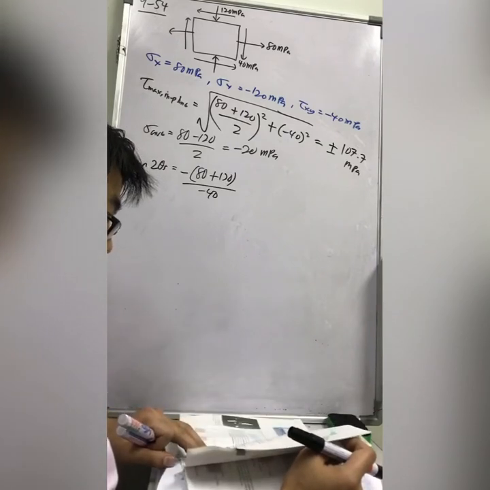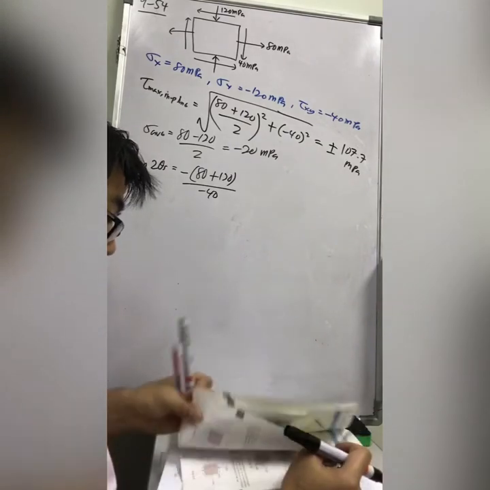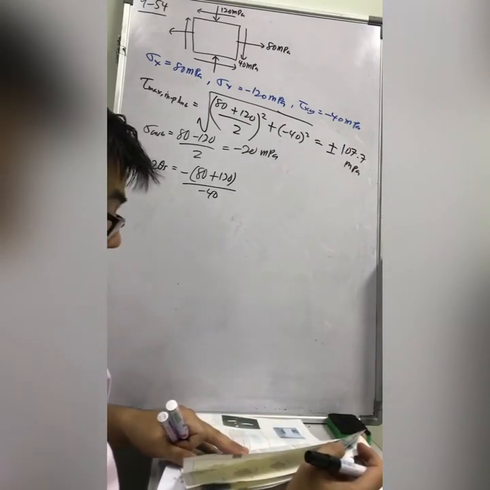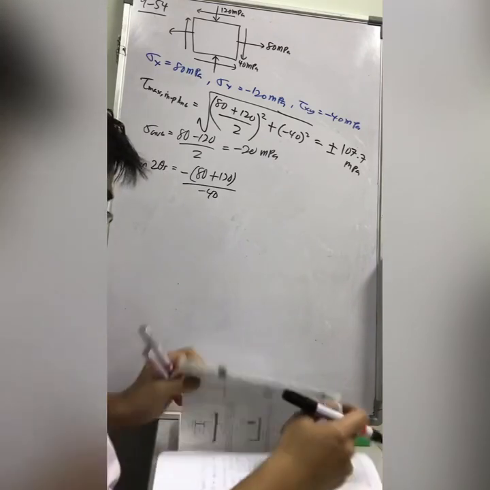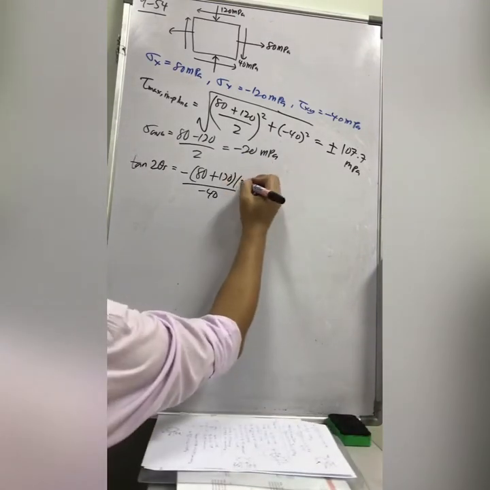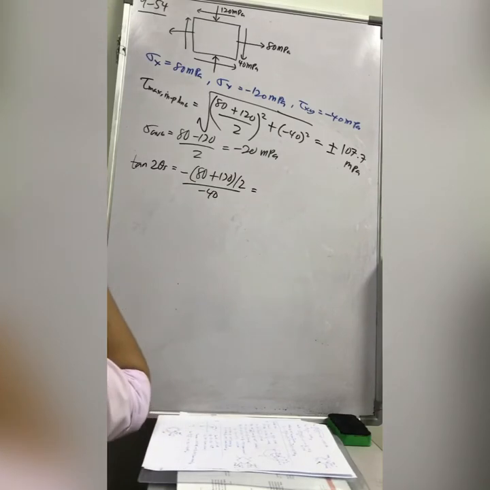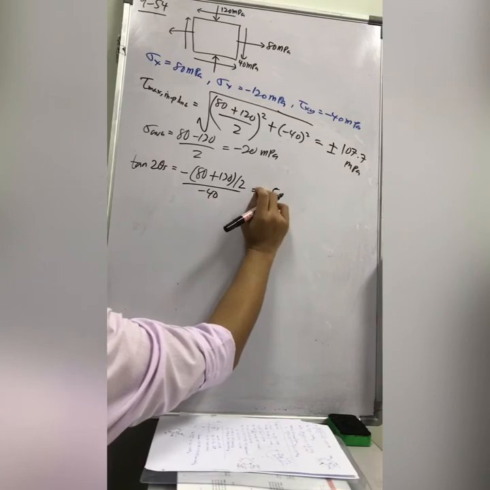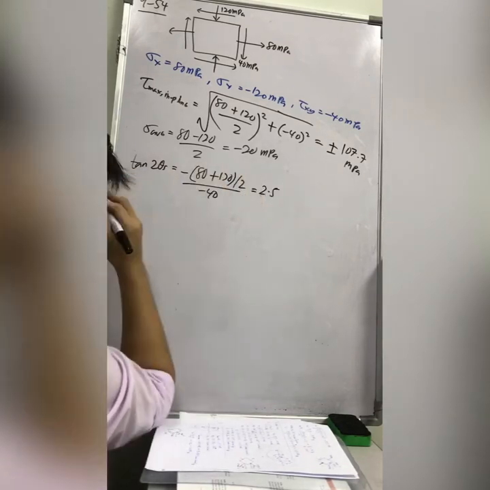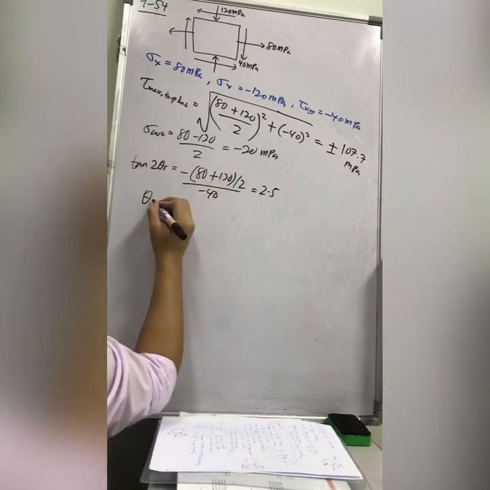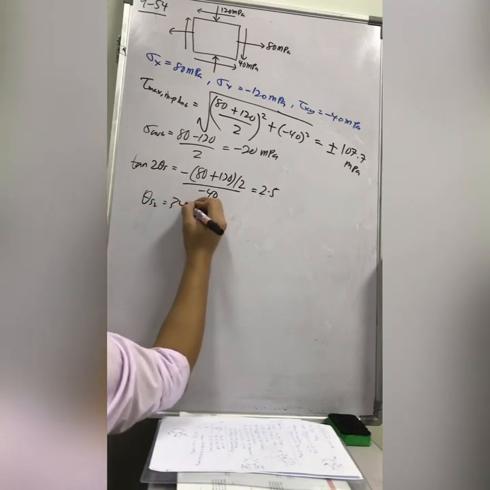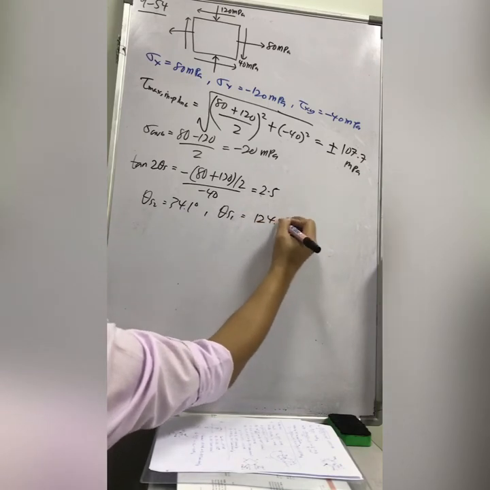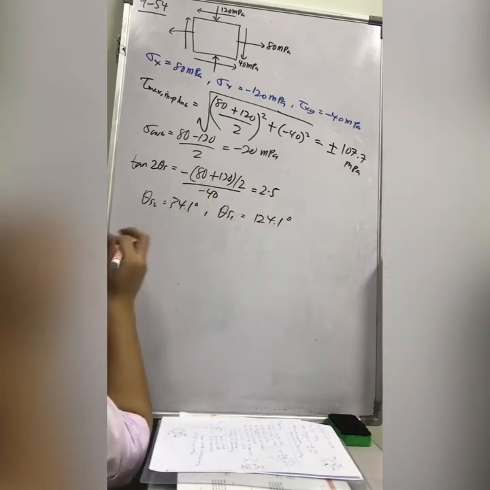Minus sigma x minus sigma y, okay, divided by 2, so divided by 2 here. Alright? You got 2.5, okay, plus 2.5 by the way. So you have theta S2 equals 34.1 degree and theta S1 equals 124.1 degree. Okay, you got these two angles.